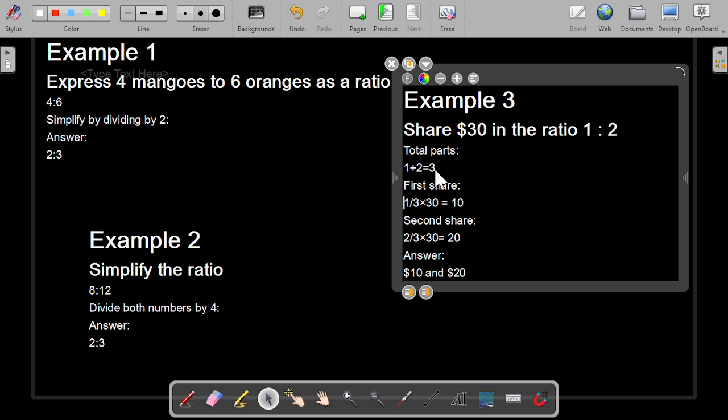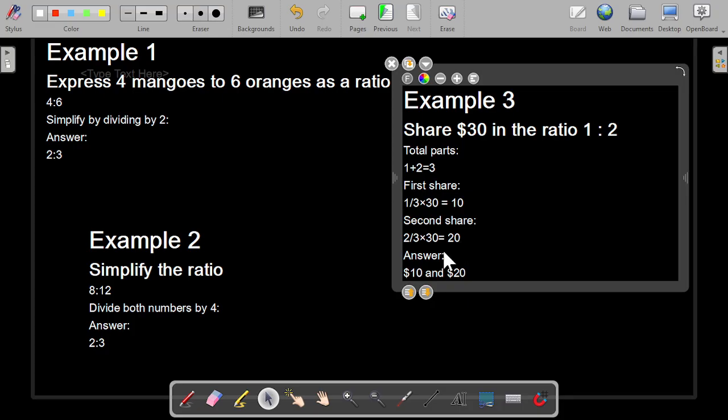2 upon the sum of the ratio, which is 3, times the given amount, which is $30. How do you arrive here? When you divide 30 by 3, it will give you 10. 10 times 2 gives you 20.